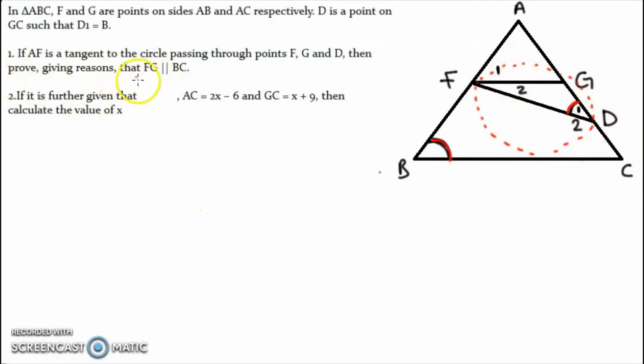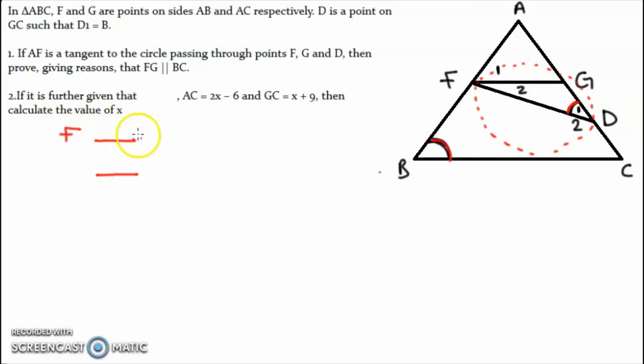Now they want us to prove, giving reasons, that FG is parallel to BC. Before we do that, we know the conditions that must be met before we can conclude that FG is parallel to BC. So let me first draw a diagram.